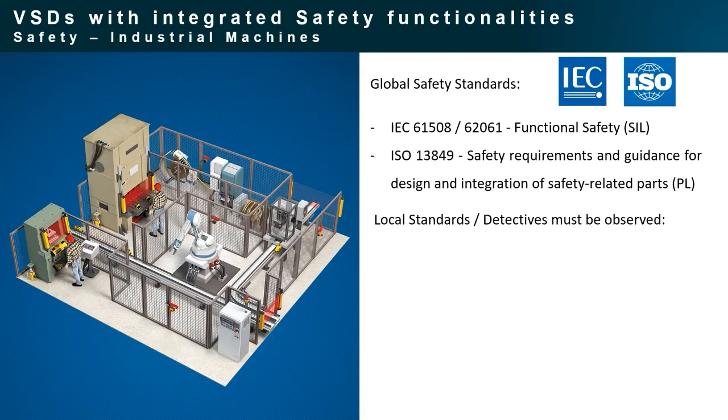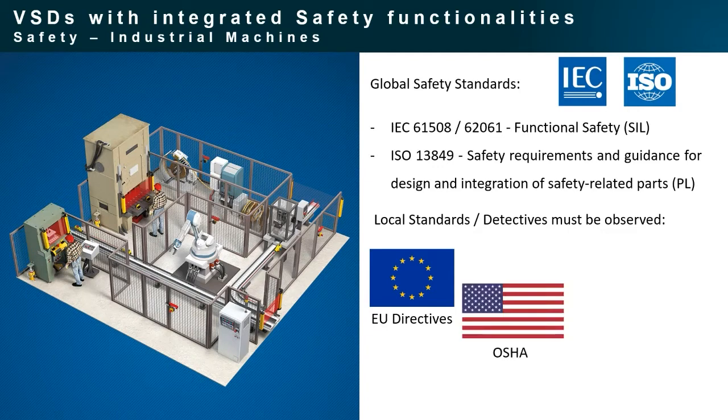But of course, there are more standards in different countries that must be followed. So don't forget to evaluate the local standards when you are designing your machine or when you are installing safety components on it. I would like to emphasize here the European directives. The European directives follow the same IEC and ISO standards we will talk about today, but of course there are some additional recommendations that must be followed.